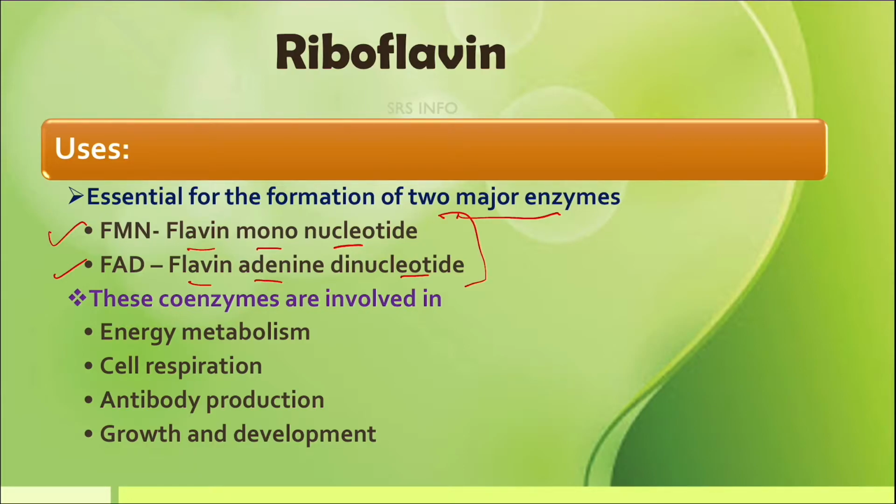What are the important roles of these enzymes? These enzymes are involved in energy metabolism, cell respiration, antibody production, and the growth and development of our body. These enzymes are prepared with the help of riboflavin. So riboflavin is very important.